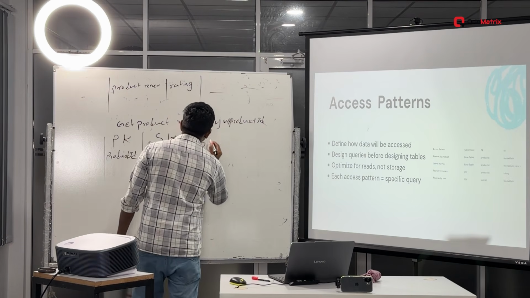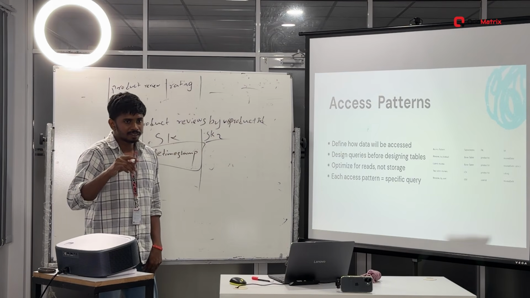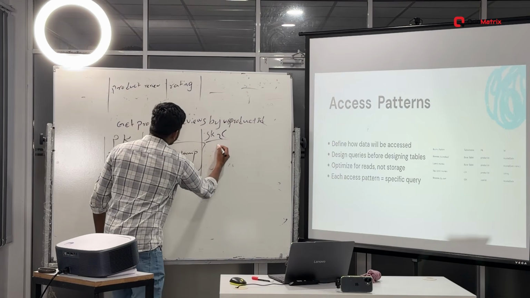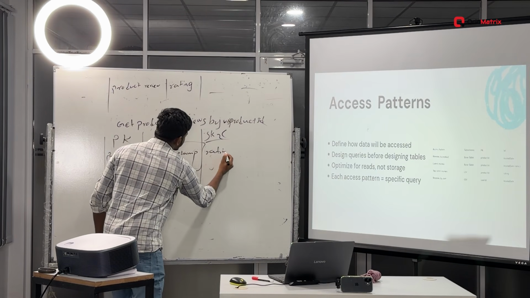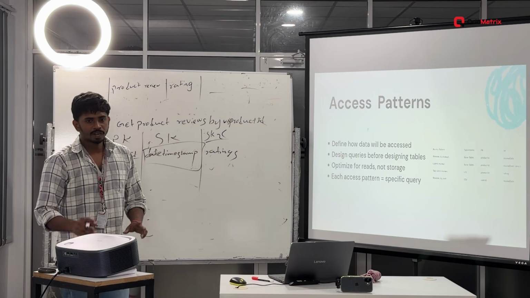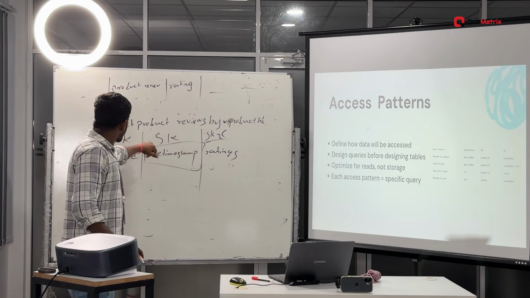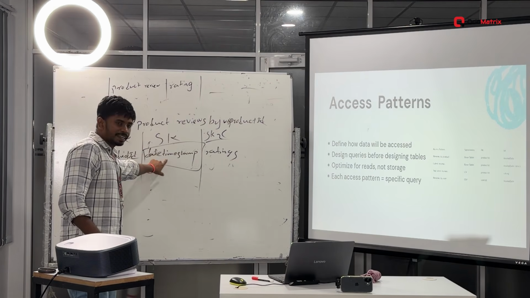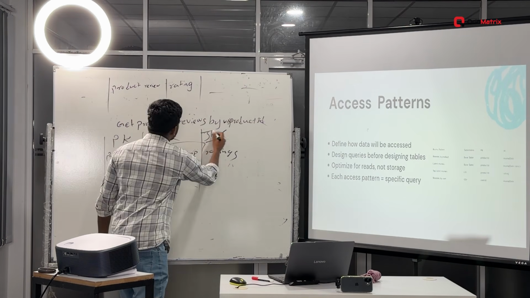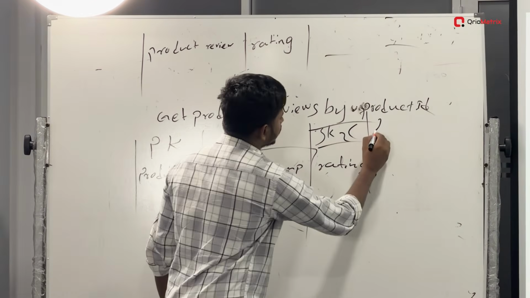This will contain the same partition key, the product ID, and the sort key will be the rating. Now you can do two things: sort and filter using the date time, the timestamp, and also using ratings. These kinds of additional sort key indexes are called LSIs. These are LSIs.